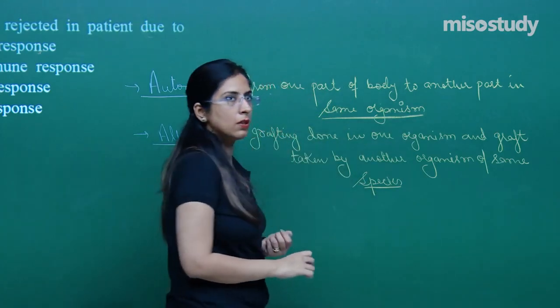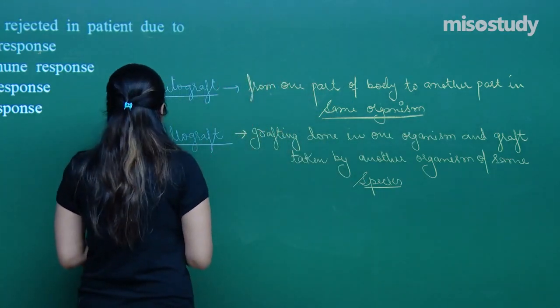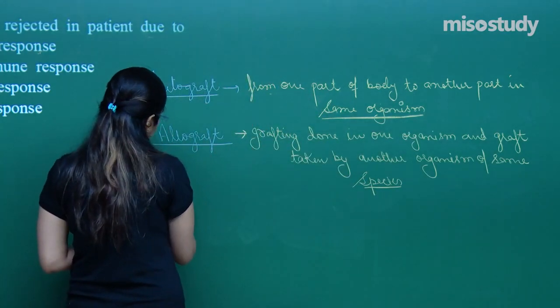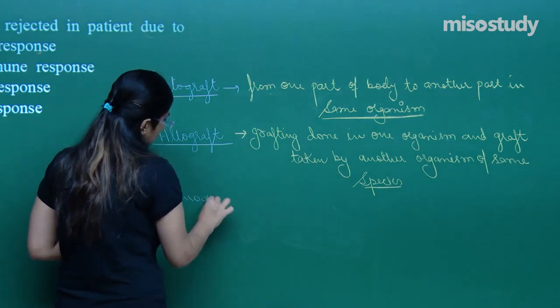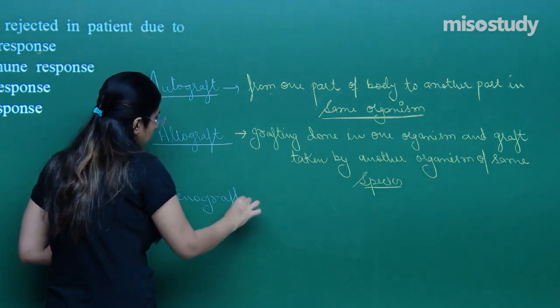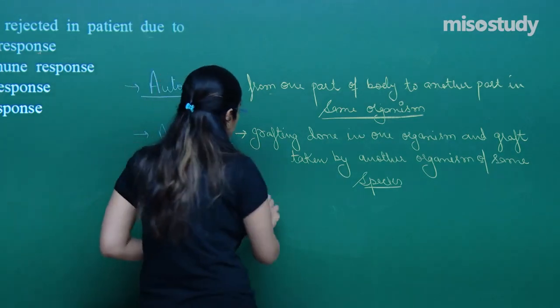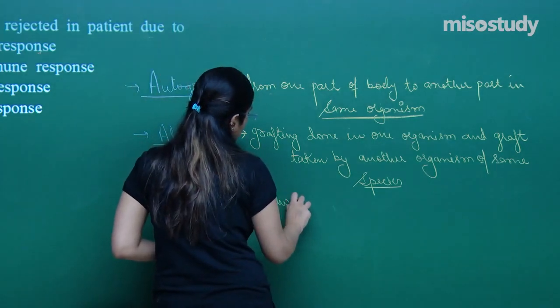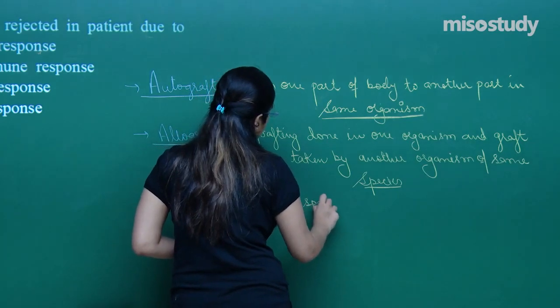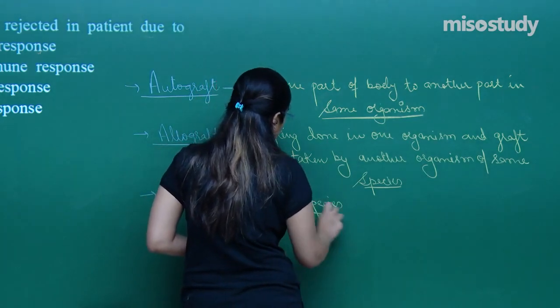Same species. Next we have the xenograft. Now, what do you mean by the xenograft? Xenograft means grafting is done between two species. I'm just writing two species only. Hope you can elaborate by yourself.